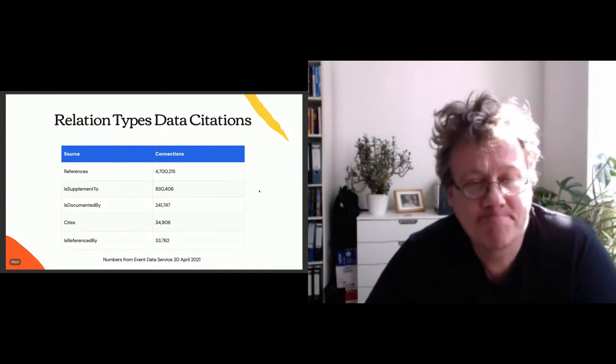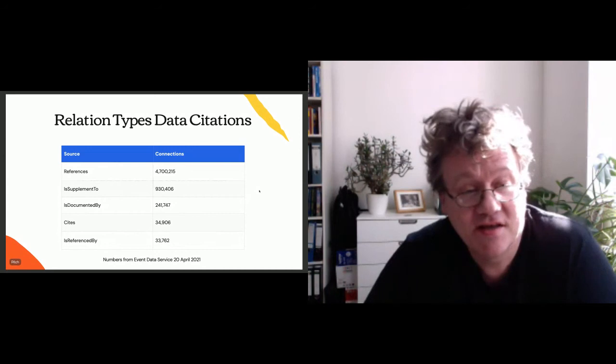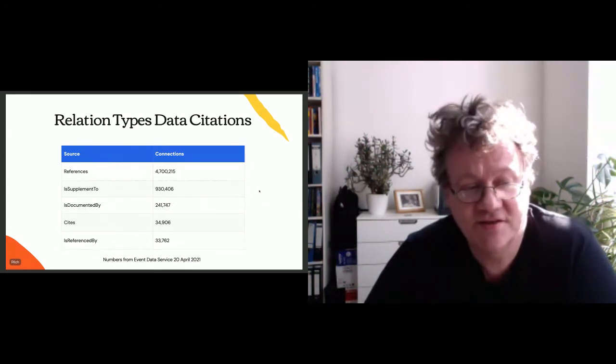In the next slide, dataset metadata allows to say what kind of relation type exists, and you see the vast majority is references or flavors of this, like cites or is referenced by. Supplement to is something that's important, and that also the Scholix schema allows.